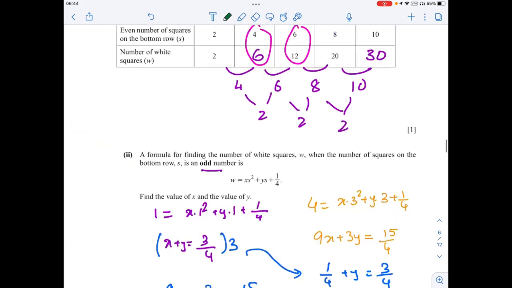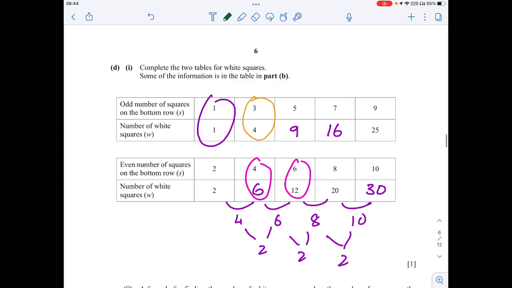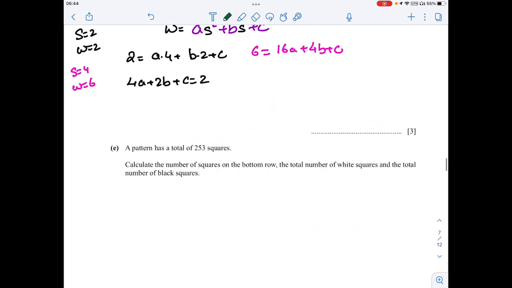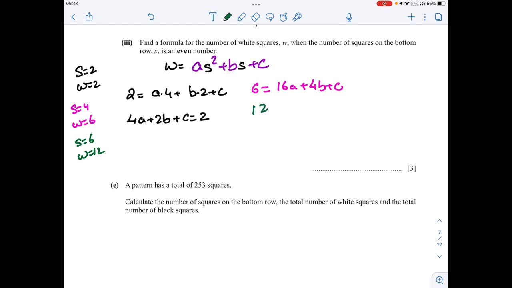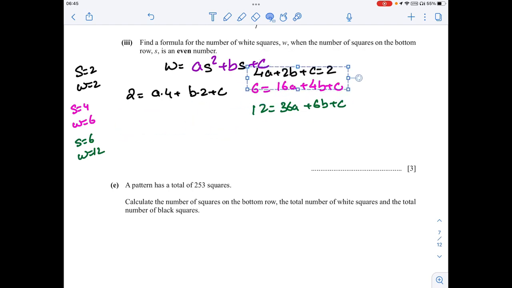Next one, 6 and 12. S equals 6, w equals 12. 12 equals 36a plus 6b plus c. So I got three equations.